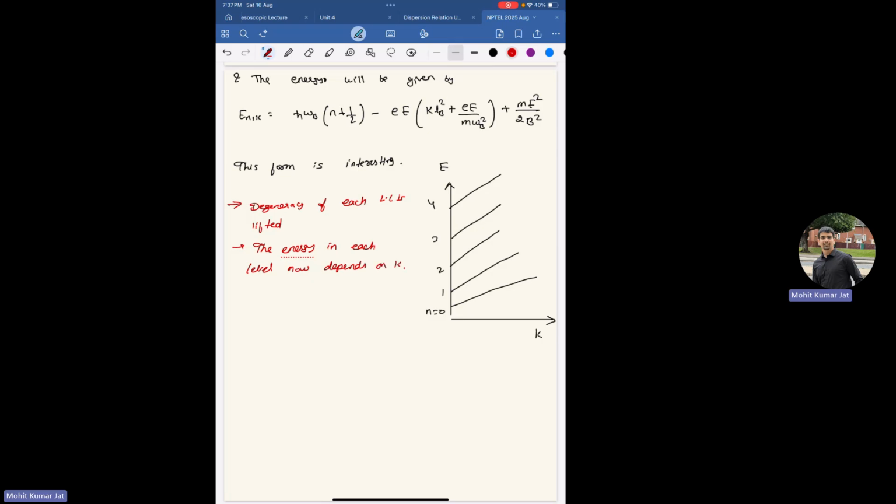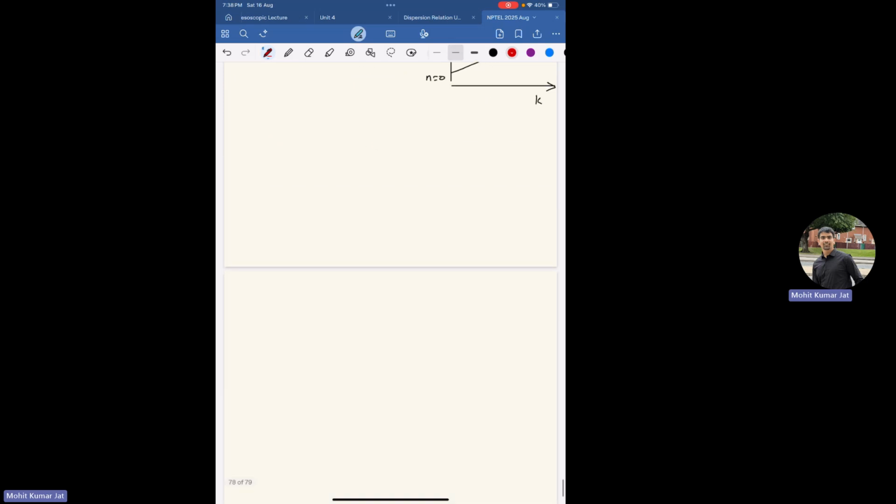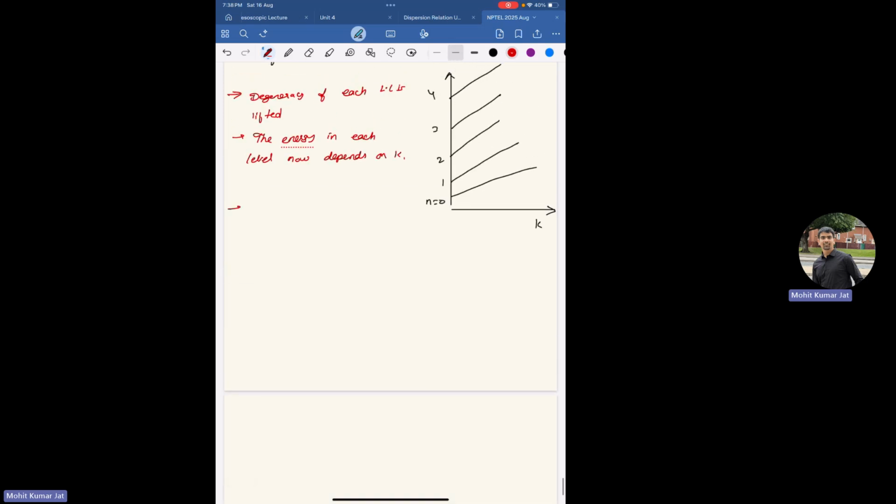And because the energy now depends on the momentum, it means that the states now drift in the y direction.